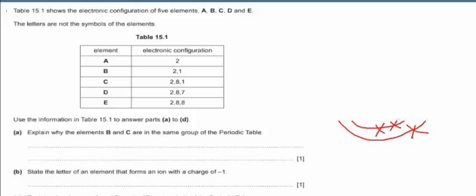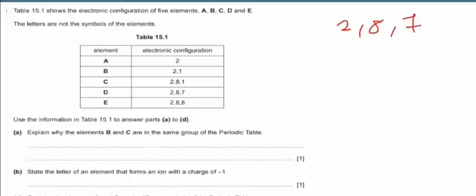Then as for element D, it has 2, 8, 7. So now, let me not draw the electronic structure. Here I'll be just counting the number of shells: this one is shell 1, this one is shell 2, and this one is shell 3. Meaning D has 3 shells.